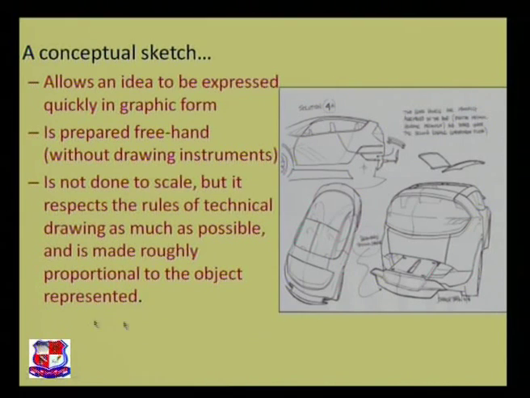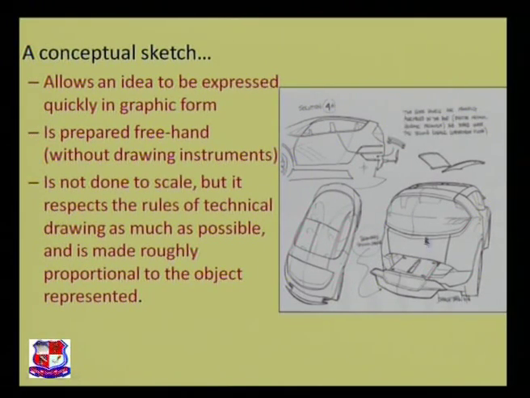One more example of this conceptual drawing. Over here, a drawing of a car assembly has been given, a drawing of the car's outlook. Various conceptual drawings have been drawn, showing how the car's outlook would be from the side, from the top, and from the back.